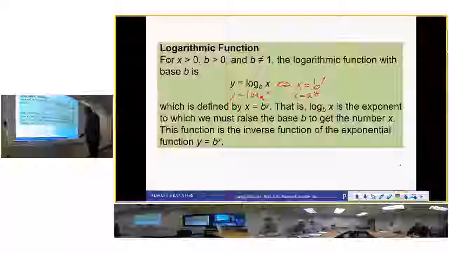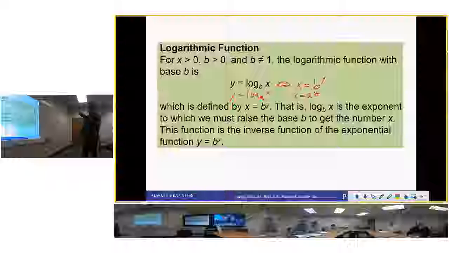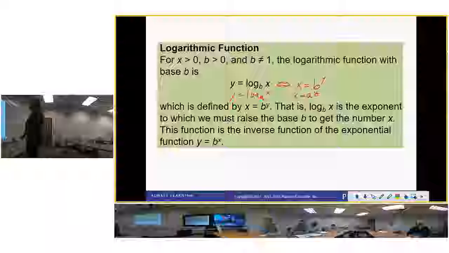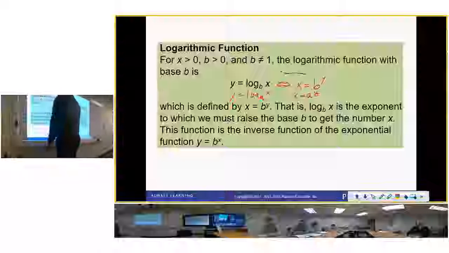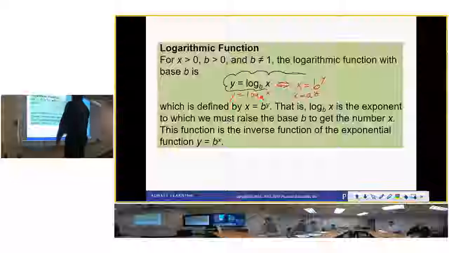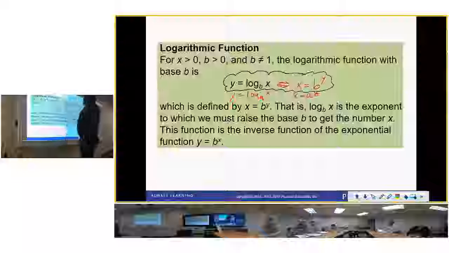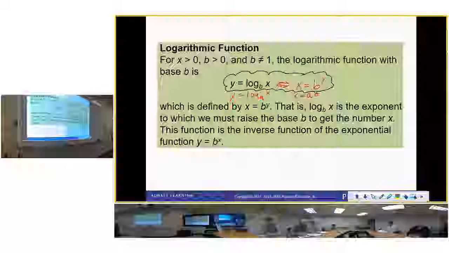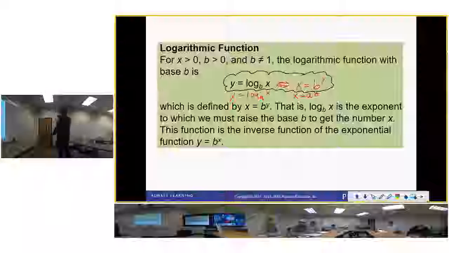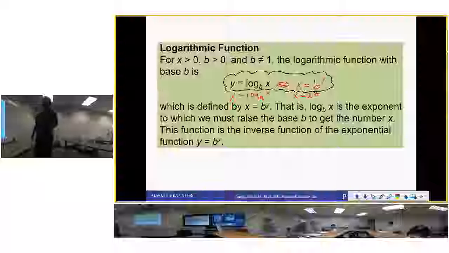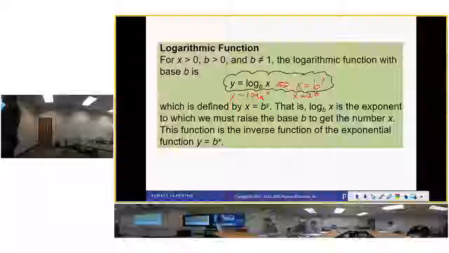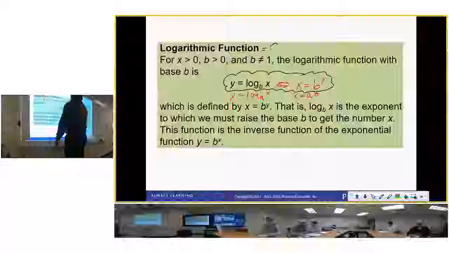If you were not here, whatever day we met last, then you need to write that down because that is the most important. Next to the properties, this is the most important rule that you can remember. Basically, you can go from a logarithm to an exponent or from an exponent to a logarithm because a logarithm is nothing but a glorified what?